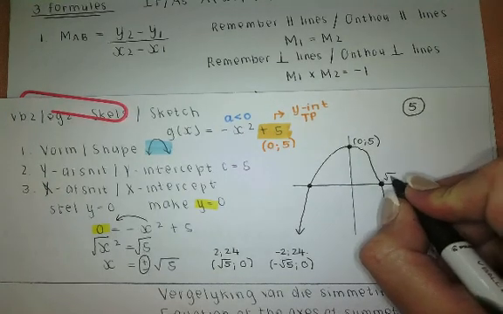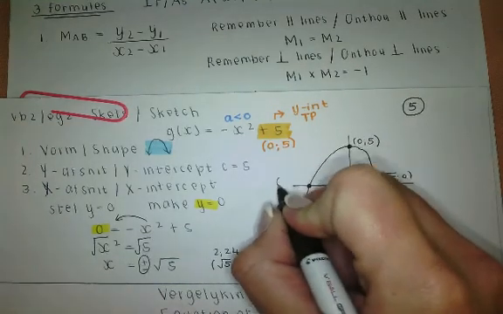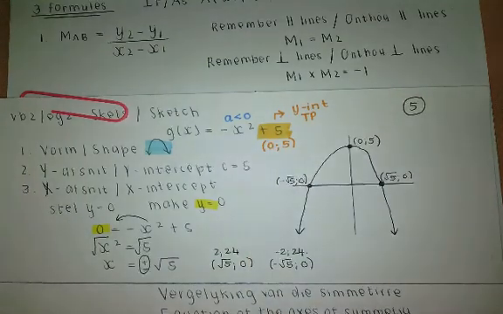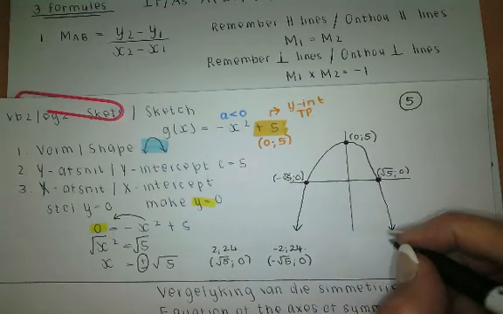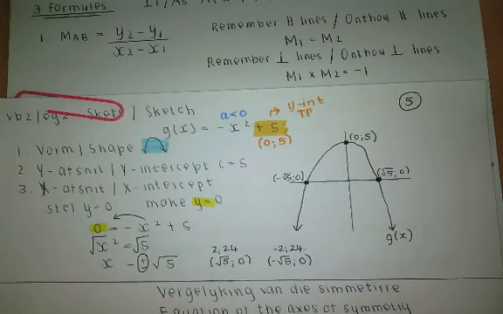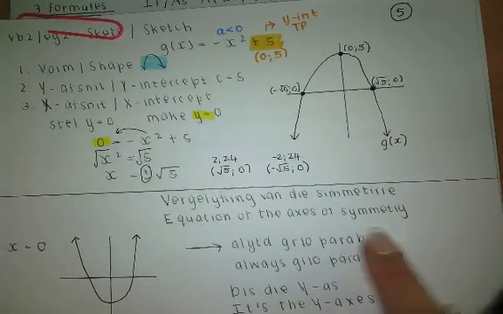Okay, you'll label this point square root 5 and 0, and this side negative square root 5 and 0. What else do we need to label, grade 10s? We need to label the graph, and the graph is g of x. If you just write g, it's also not a problem. Okay, you guys fine?